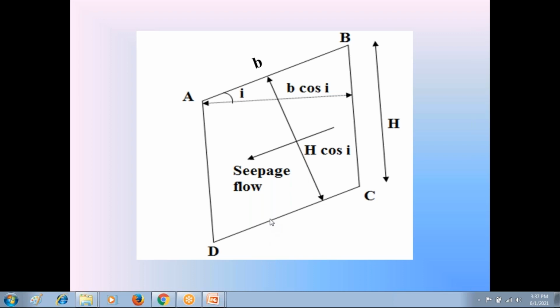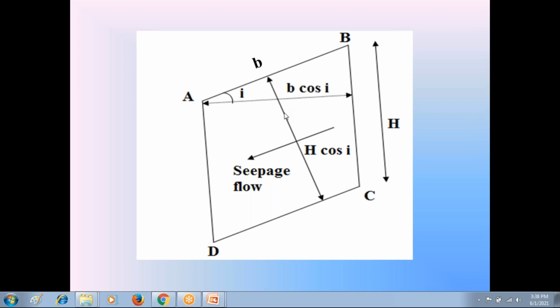That magnitude of pore water pressure, we indicate as small u. The magnitude of that pore water pressure is equal to unit weight of water gamma W into the height of this soil prism perpendicular to direction of seepage flow. So check this height, everyone.